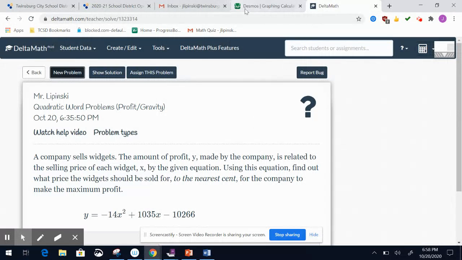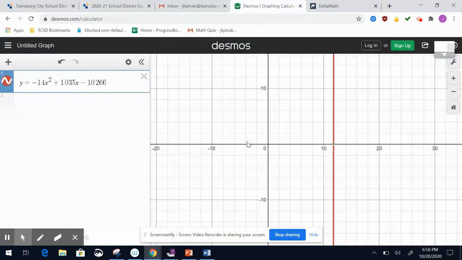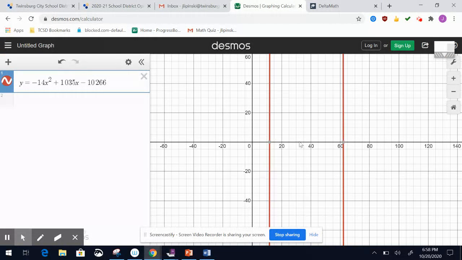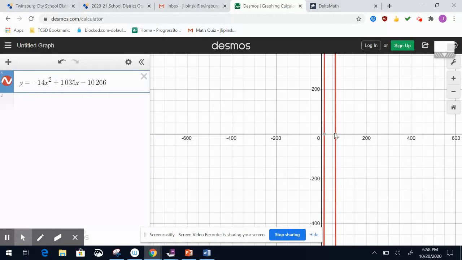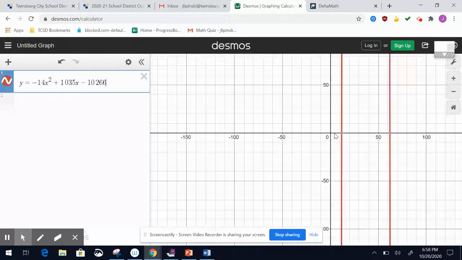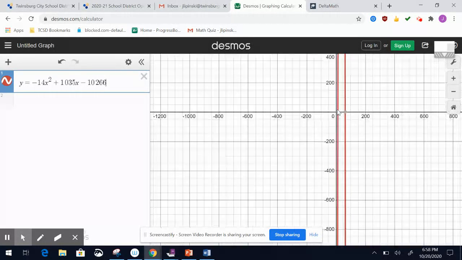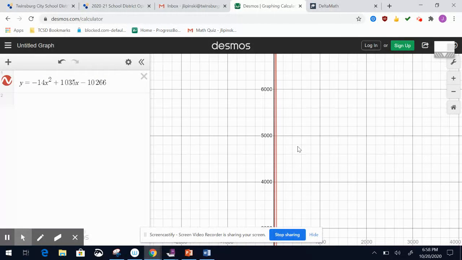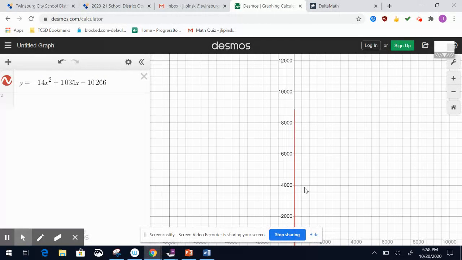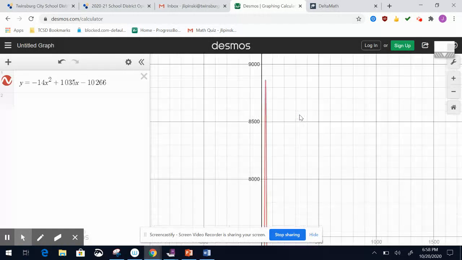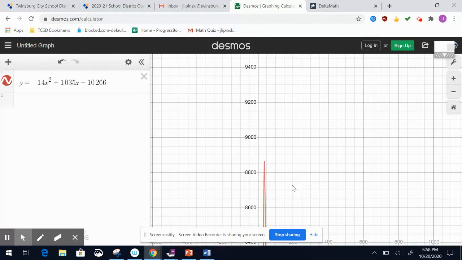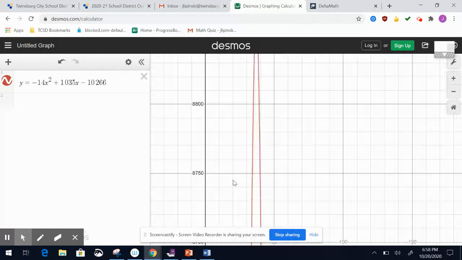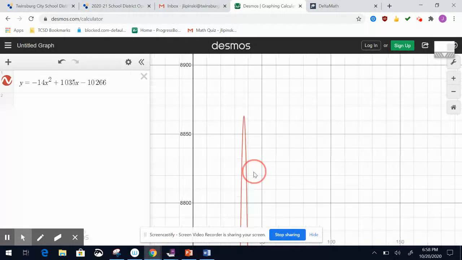So look, when you go to Desmos, you can't even see anything. Well, for this, you've got to really zoom out. It almost looks like two straight lines up and down. You zoom way out, and then you're going to move up. It almost looks like a line, but if I zoom in, here you can see the top of this parabola. The more you zoom in, the more it starts looking like a parabola.